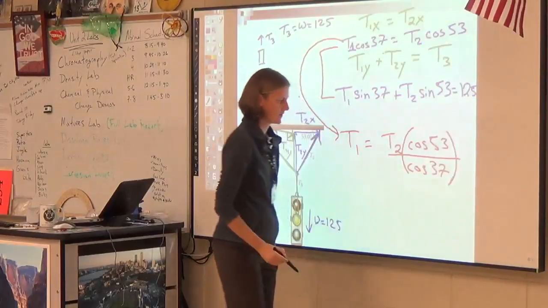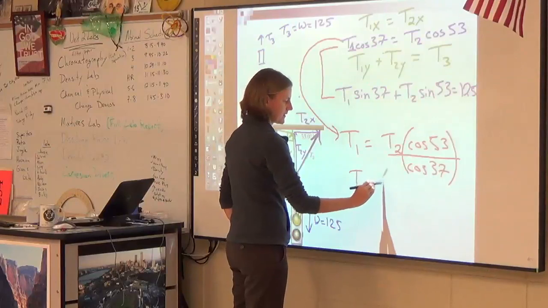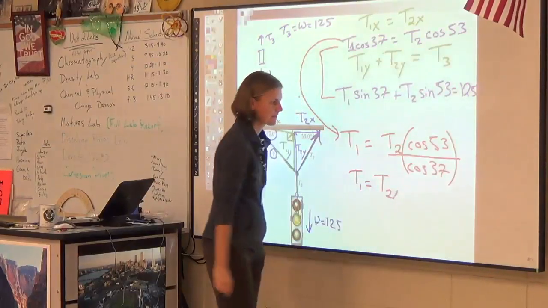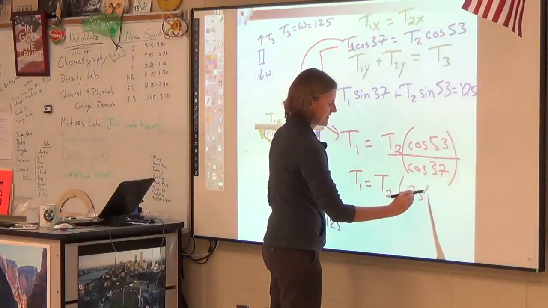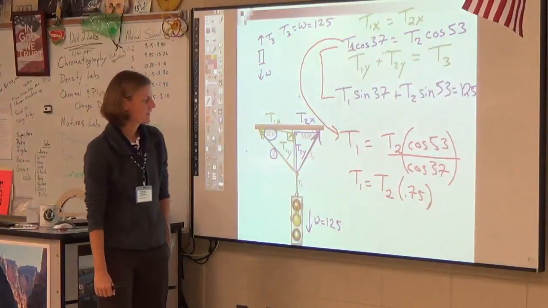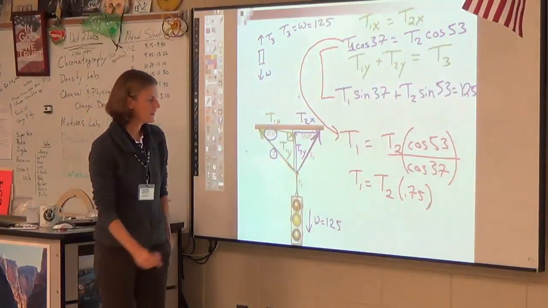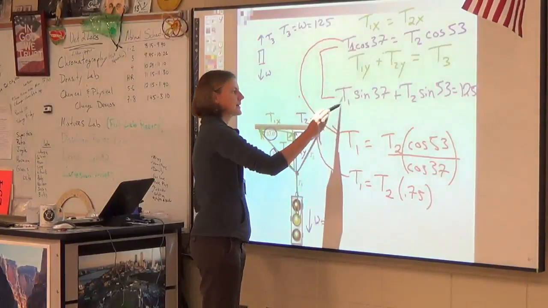What is cosine of 53 divided by cosine of 37? 0.75. Oh, that is very convenient. It's not exactly how that rounded off. Oh, well. All right, so that's helpful. Now I can get rid of all the T1s by plugging this in here.